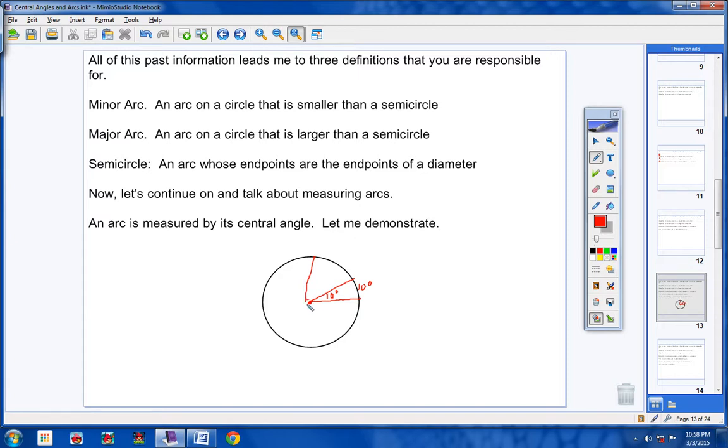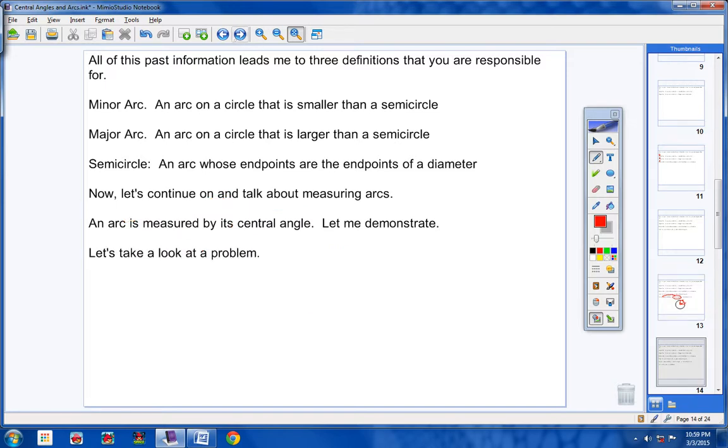If you have an arc right here, let's say this angle here is 40, so this arc here is 40, well then the arc from here all the way to here would be 50. You would add those two arcs together, okay? So I'm trying to show you here how we measure arcs, and it's really simple, guys. All you have to know is what the central angle is, and the central angle will be the same as the arc, okay? Now, having said that, let's take a look at a problem, okay?